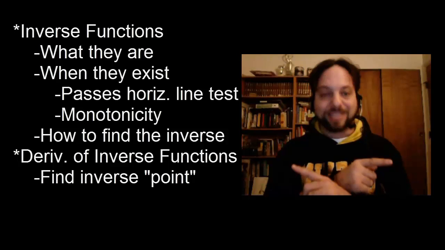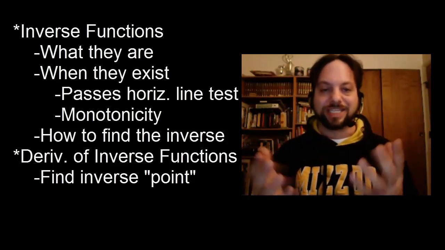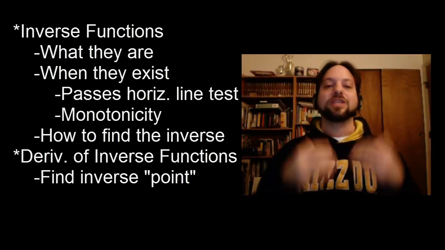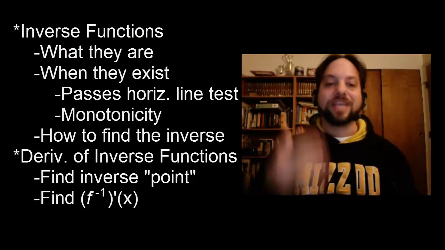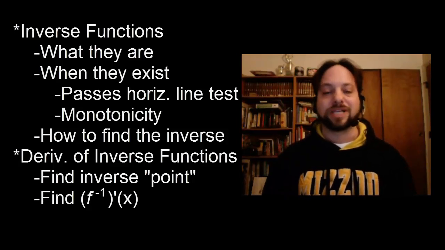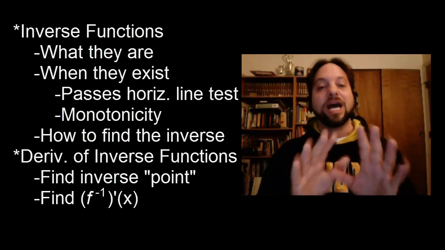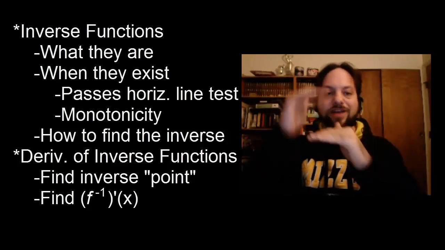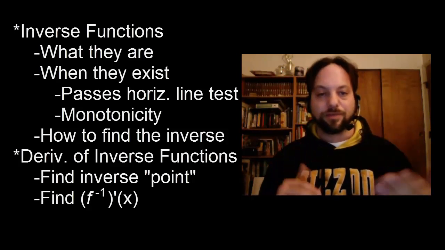And that's so that we can switch them between the function and its inverse. After we found the inverse point, we went ahead and found the derivative of the inverse function at that point. Sometimes it's a process, sometimes it's real easy. On the AP test, a lot of times they'll give you a table, and you can just find the values you need and plug them in from there.